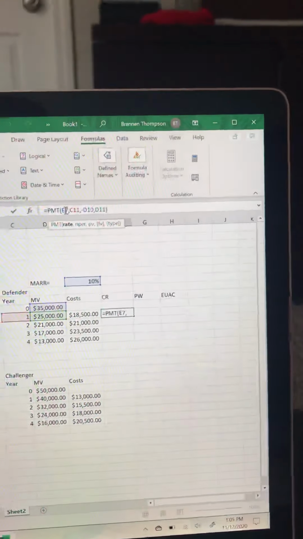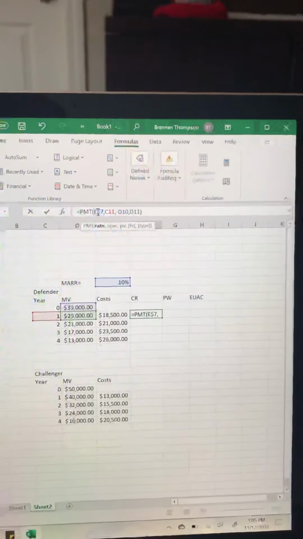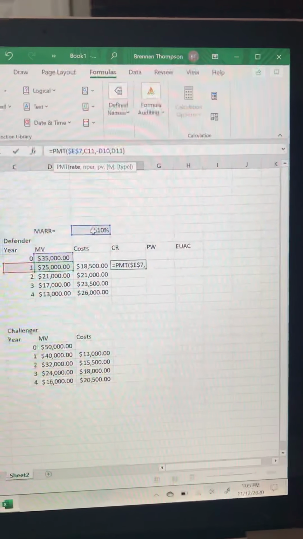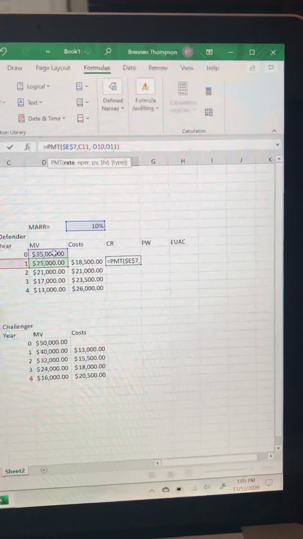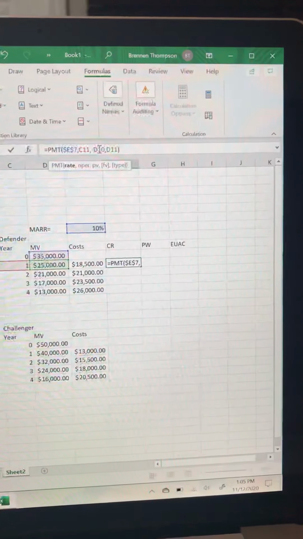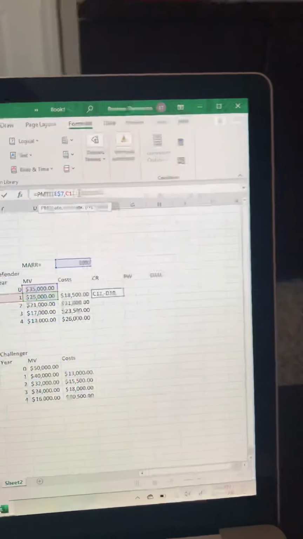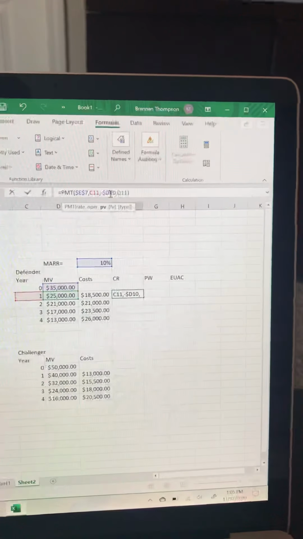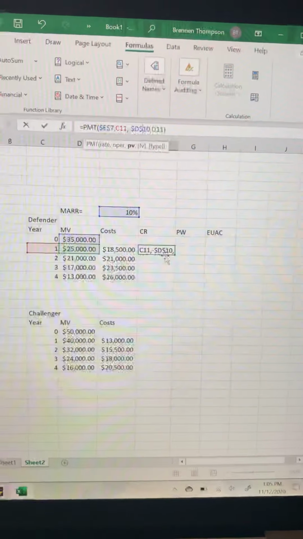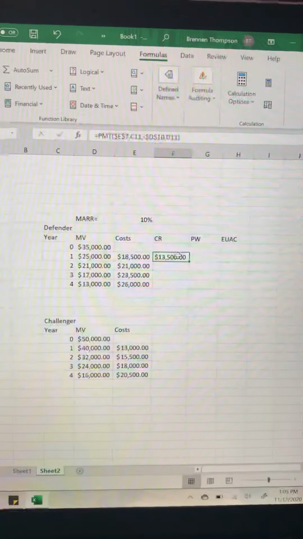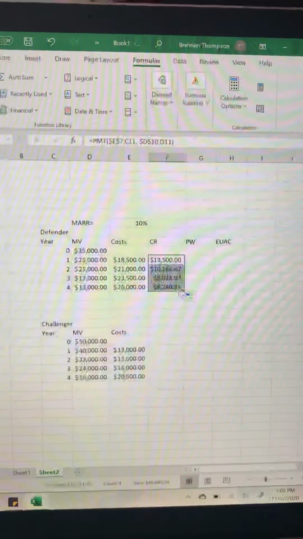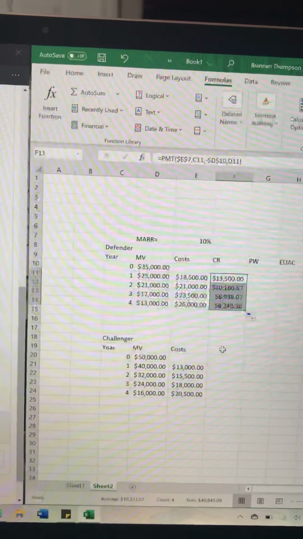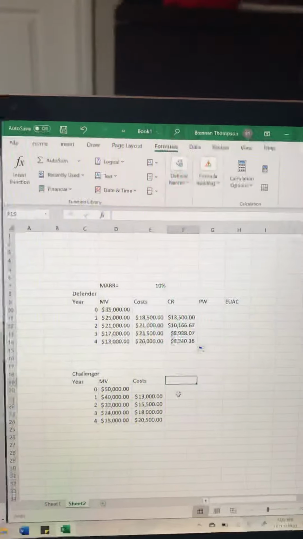We go in here and set the variables that we need. So the MAR needs to be the same, and the market value needs to stay the same as well. The original present value, that's going to be our capital recoveries. Like I said, we're going to do the same thing down here.